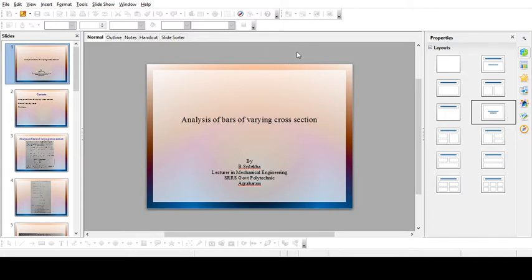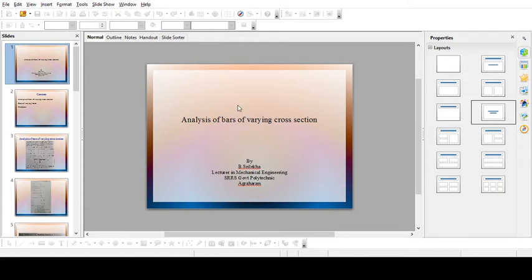So similarly, if you take the second section, in the second section also, stress is simply sigma 2 equal to P by A2. That is, stress is equal to load by area of section 2. Next, elongation in length, similarly like that only. We know that strain is equal to stress by modulus of elasticity, and strain is nothing but change in length by original length.